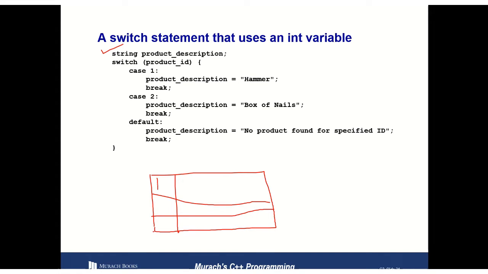So this column is the product ID, and this is the description. If your product ID equals 1, you have a description. If it is 2, you have a different product description. This table represents the products, and each row represents one record, that means one product. So this table can contain multiple products.